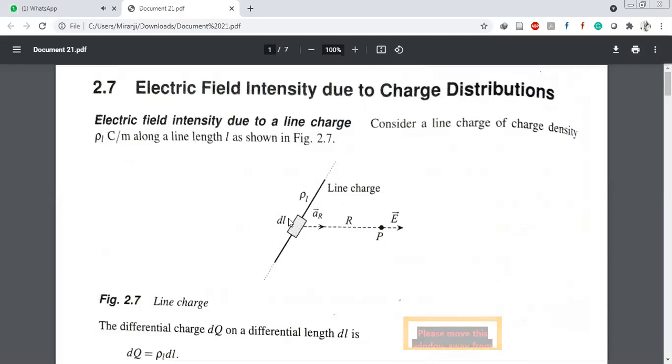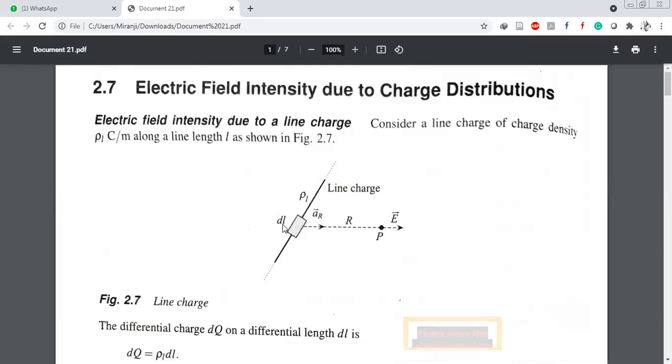Because of this line charge, how much is the electric field intensity at this point P? That is the electric field strength at point P due to the charge density in the line.